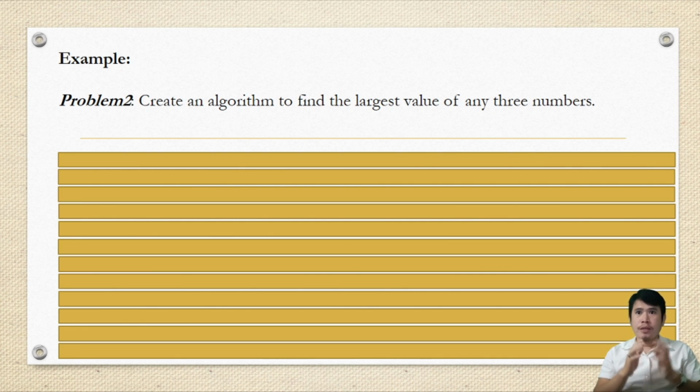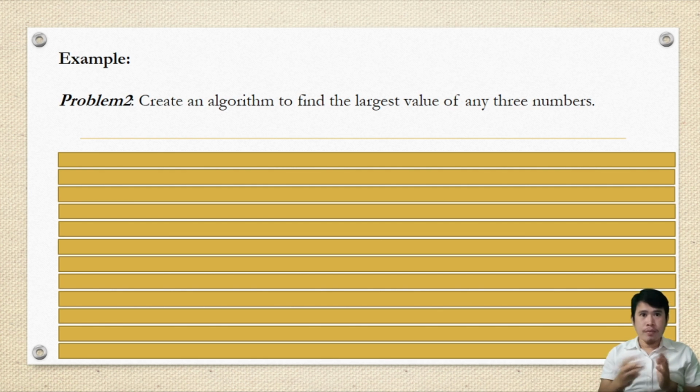Okay? And based on the problem, we have to compare the three numbers to see which of them is the largest. We have to think also how many variables are needed in the problem. Is it 2? Is it 4?